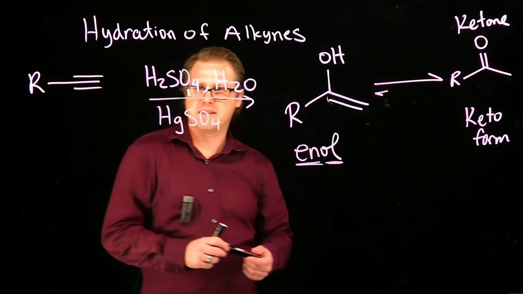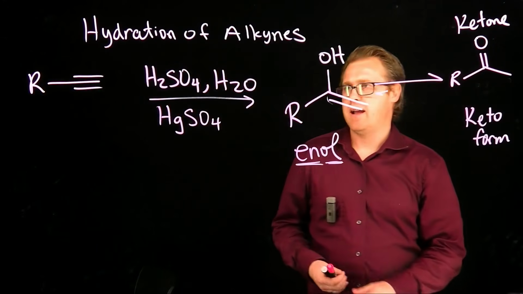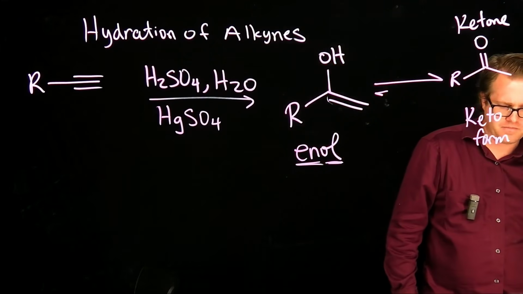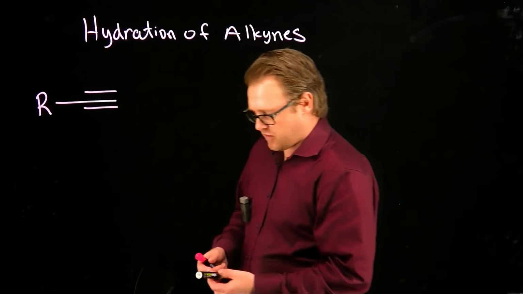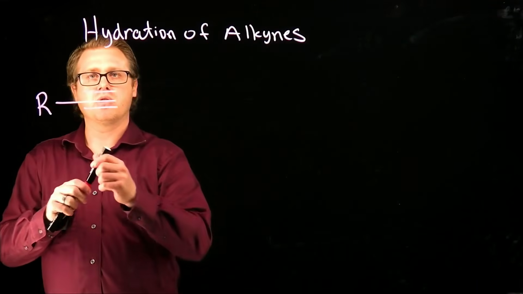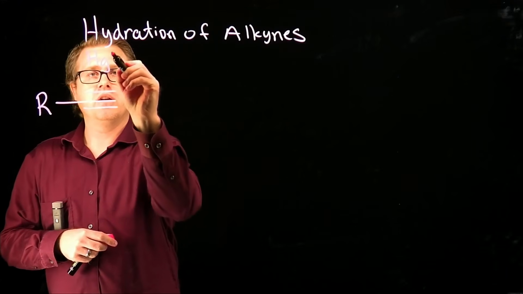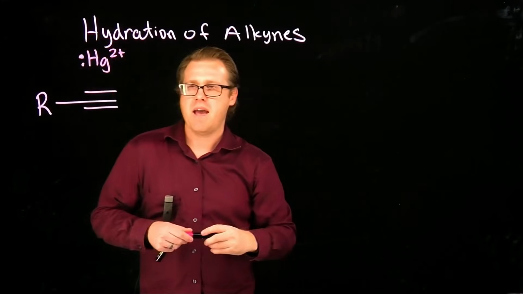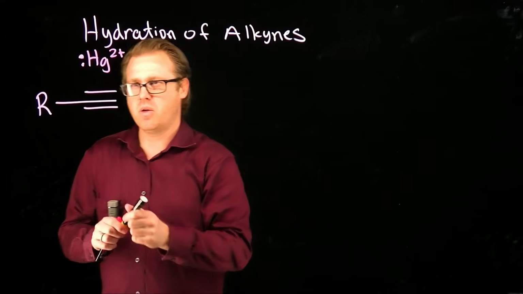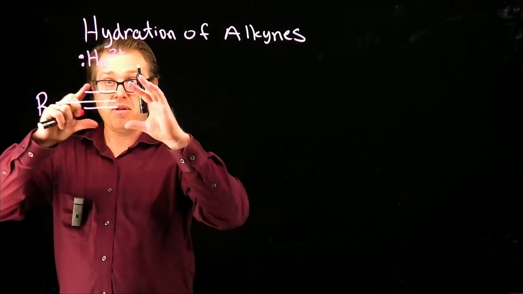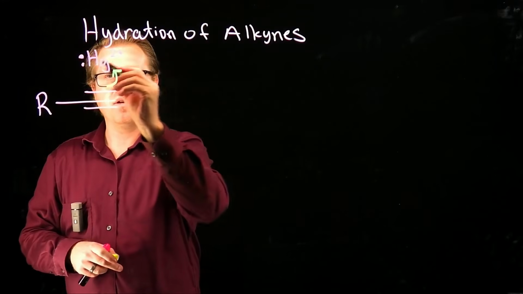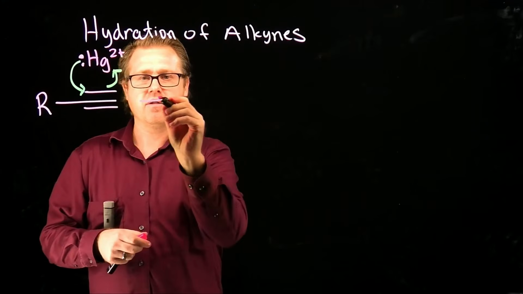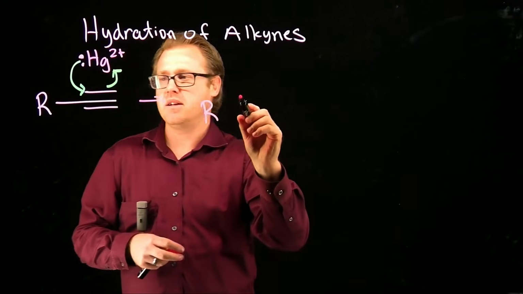So let's clean this up so we have all the space, because this mechanism, there's quite a bit of steps. So the first thing that's going to happen is we're going to have our mercury 2+ ion floating around in solution. And what that's going to do is it's going to form the three-membered ring like we've seen before, like this. It's going to generate something that looks like this.